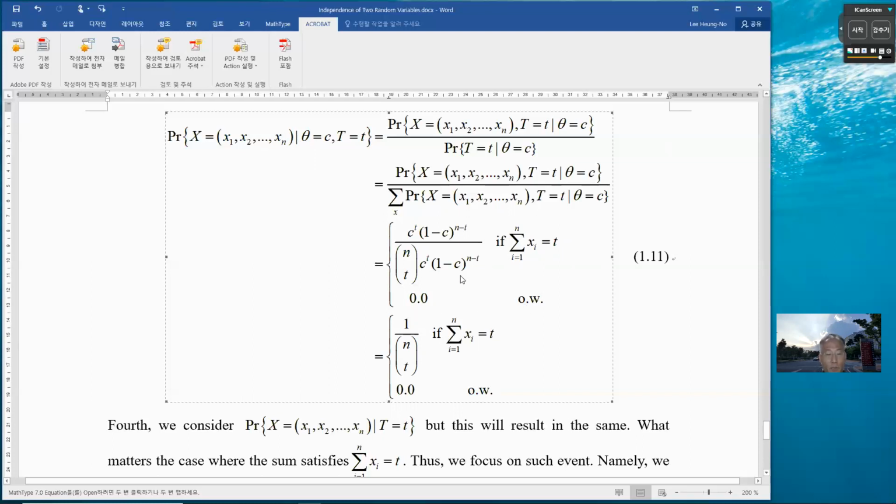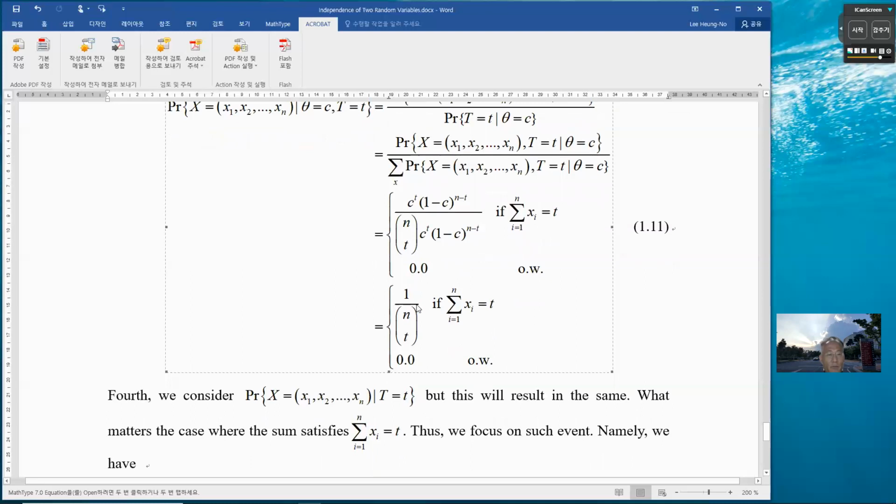As you have noticed, the numerator and the denominator have the common term, so we can cancel this out, and we are left with 1 over n choose t. We notice that there is no involvement of c. So the dependence on c has disappeared.